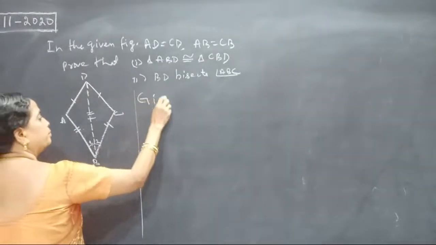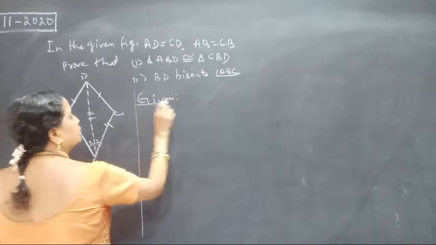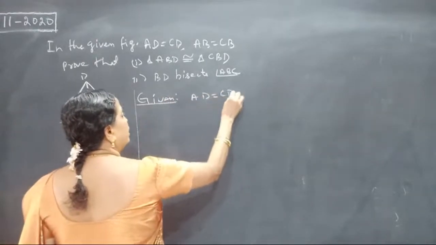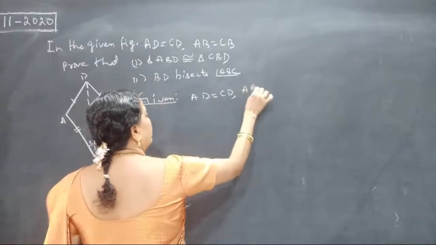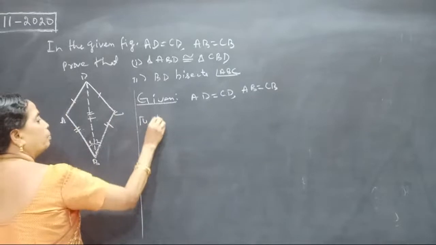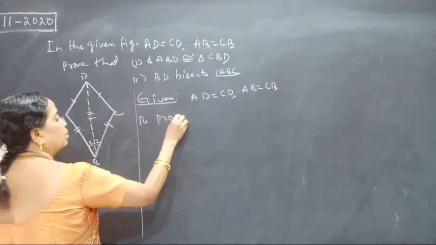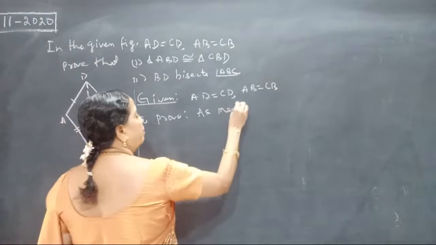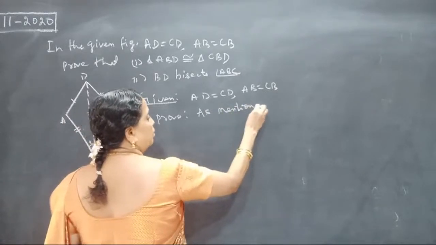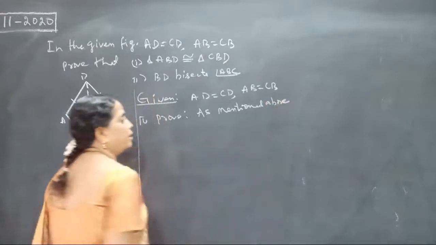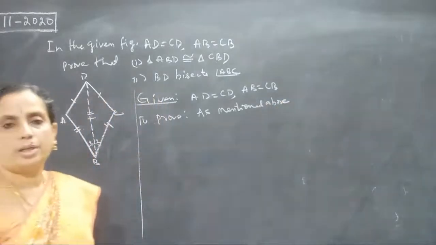Given: AD equals CD, AB equals CB. To prove, I will write as mentioned above. Instead of writing again, I took it in this sentence as mentioned above.